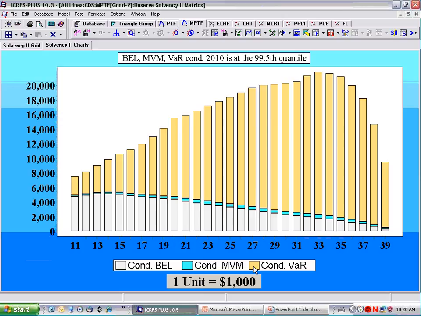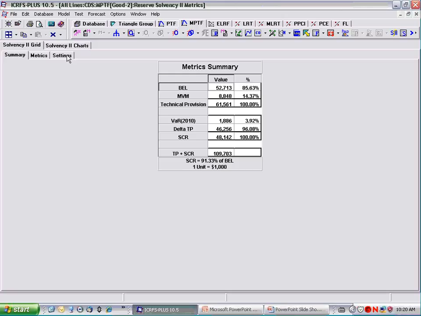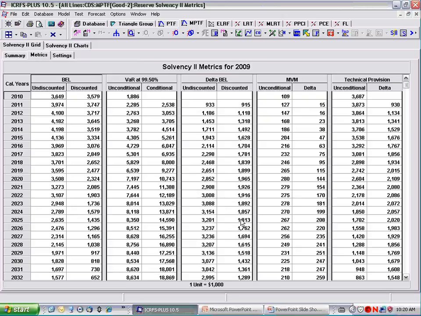That means that the conditional MVMs are pretty large. So if we look at the table itself, you can see the unconditional VARs, and these are the conditional VARs, which very often are considerably larger.